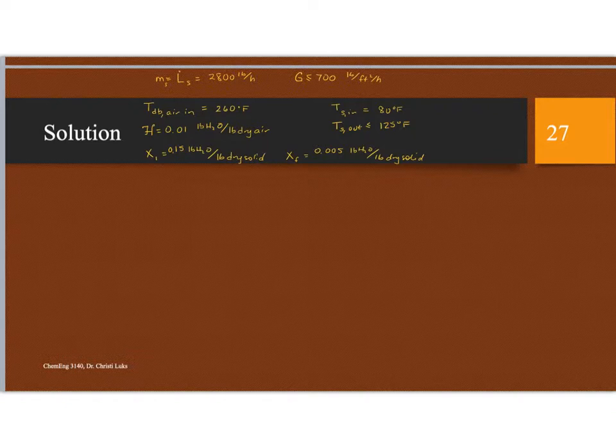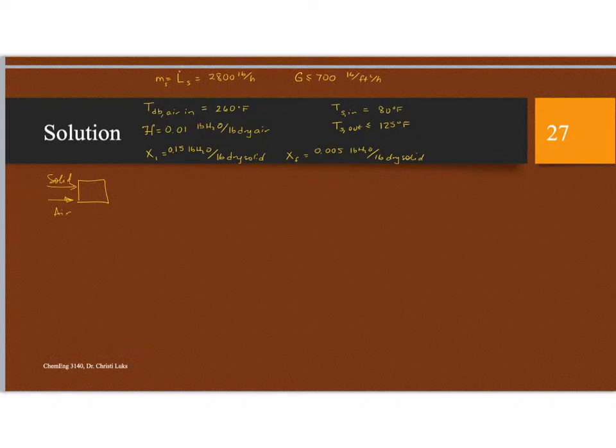And the first thing we need to do is determine how we wish to operate. So if I bring the solids in here, do I want to bring in the air here? Or do I want to bring in the air here?